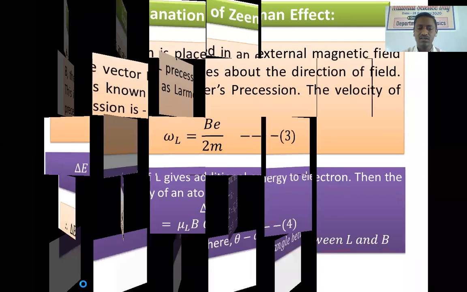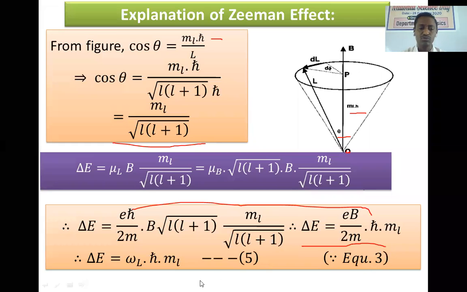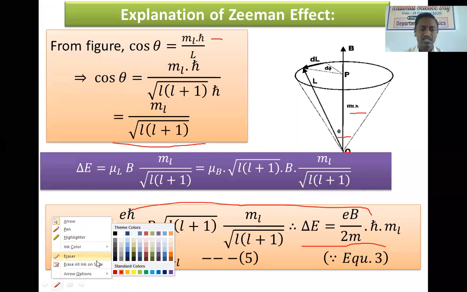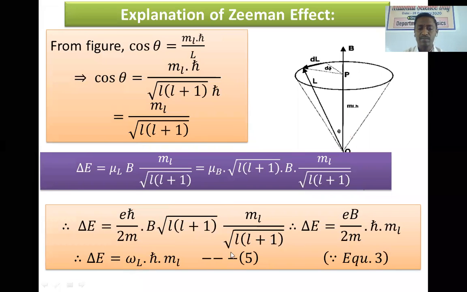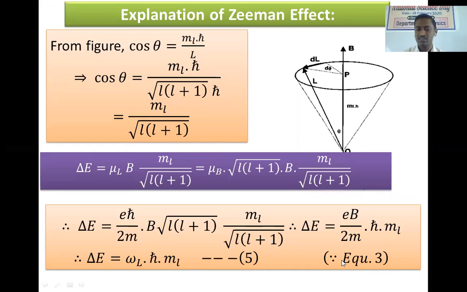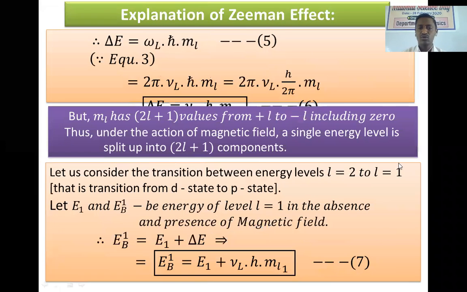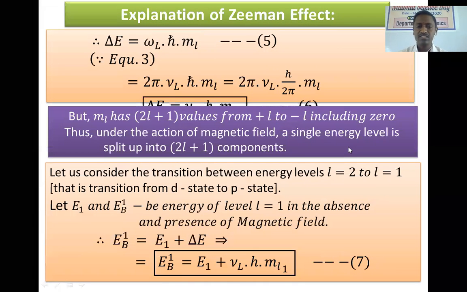So in place of B e upon twice m, we can put omega L. Therefore the equation for interaction energy simplifies to the form omega L into h cross into ml. That is our equation number 5. We have put the value of omega L from equation number 3.